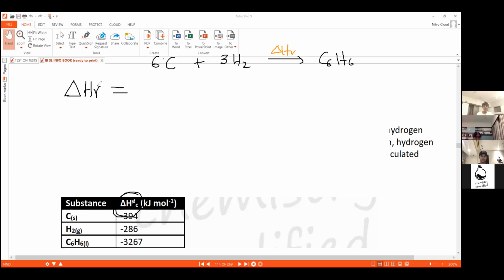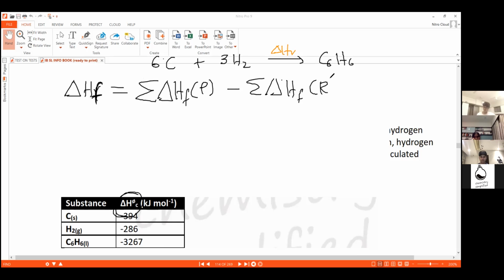When I use the enthalpy change of formation values, my formula was the sum of enthalpy change of formation values of products minus the sum of enthalpy change of formation values of reactants.